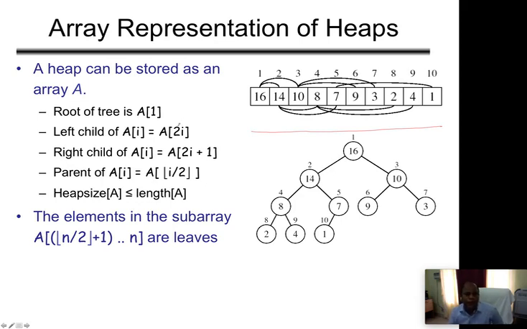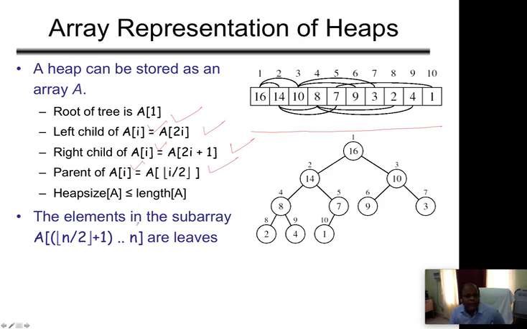Now for the nearly complete binary tree, the root will be a1, the left child of ai will be a2i, the right child of ai will be a2i plus 1, and the parent of i is ai by 2.